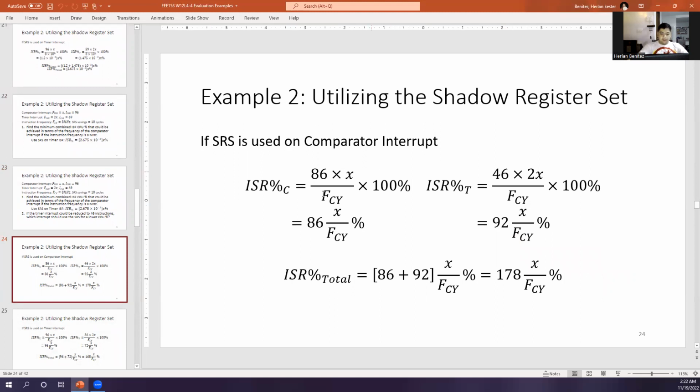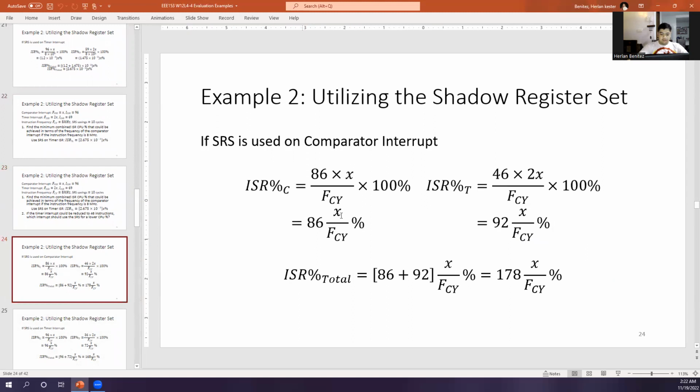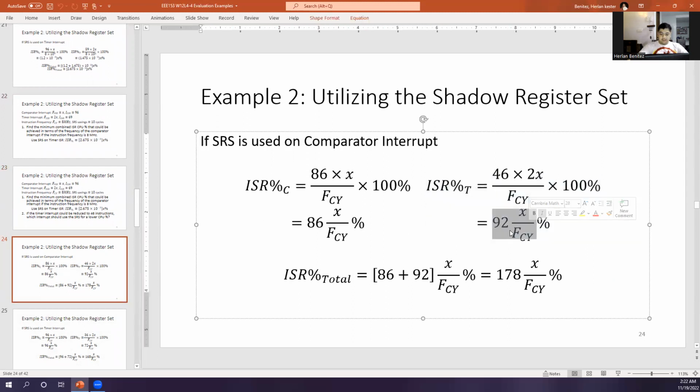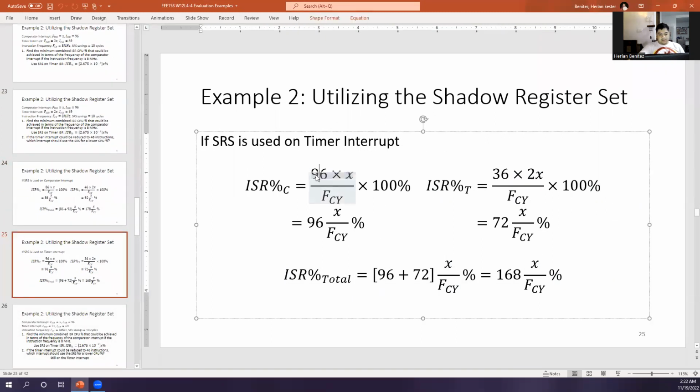Similarly sa kanina, kahit yung clock frequency natin is gawin nating variable, makikita natin, makuha natin dito is 178x over FCY, yung ISR percentage pag ginamit natin sa comparator. So 86 siya, 46 si timer. Pag 96 si comparator, 36 si timer, makukuha natin is 168.